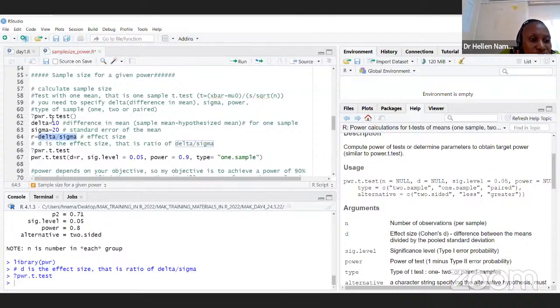It's going to be delta over sigma, which will give me the effect size, such that I'm able to feed this particular d into my command. Remember that the effect size is the difference between the means divided by the standard deviation. So it is what I need at the start, and it's what I'm calling, in this case, my r, which is equal to d.